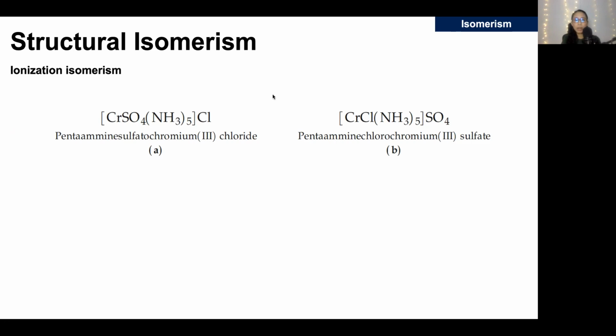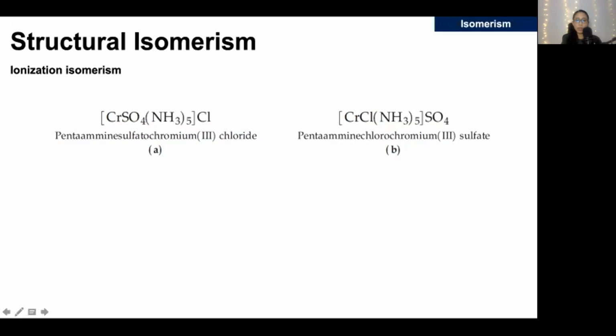Notice that in the first example here in letter A, one of the ligands is sulfate and the anion of your compound is chloride. But in the second example, chloride is a ligand and the anion of the whole compound is sulfate. So this is ionization isomerism.